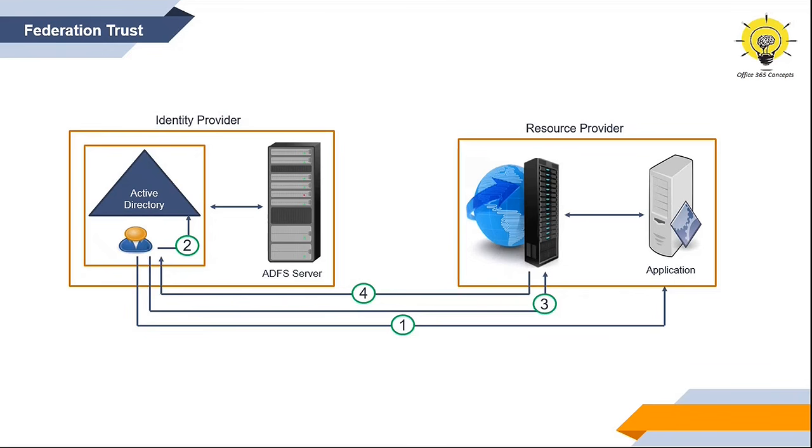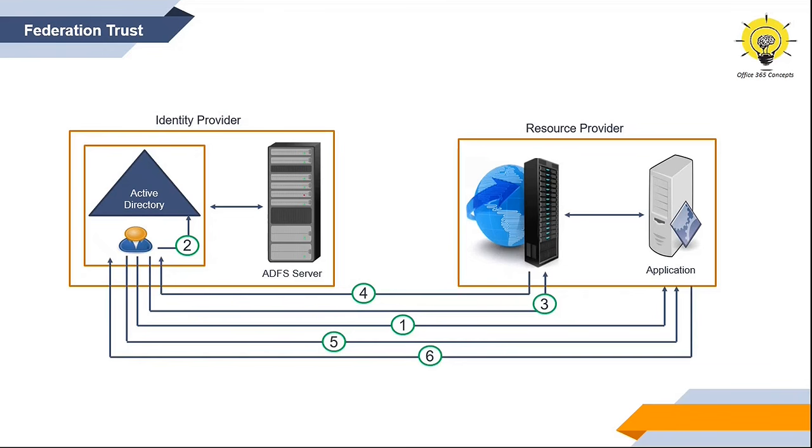Then the user will provide that token to the application and get access to the application. But again, the question arises: why should the resource provider trust this user? Why should the resource provider organization trust the token that is sent from the identity provider? Because there is a trust between the two organizations.